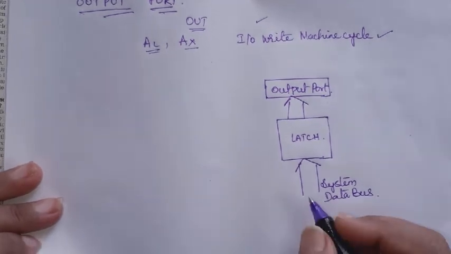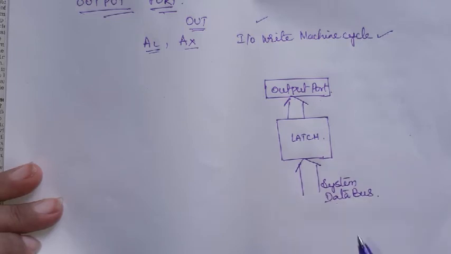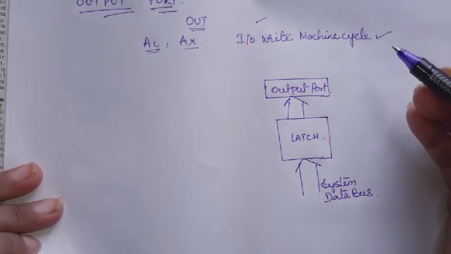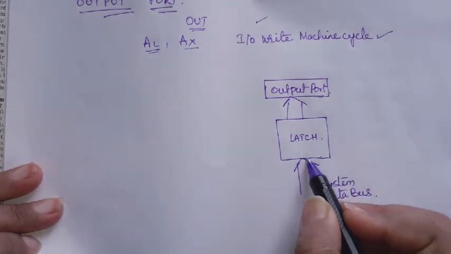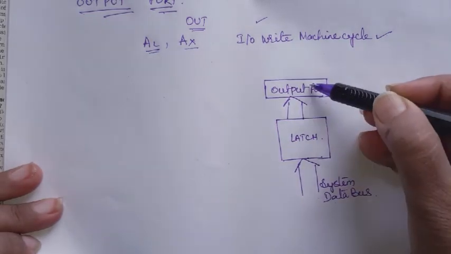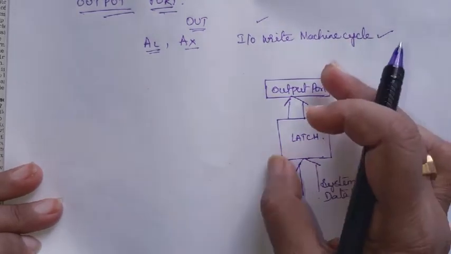This can be D0 to D7 or D0 to D15 connected here, depending on whether the output port is 8-bit or 16-bit. So the system data bus is connected to the latch, and the latch output is connected to the output port.